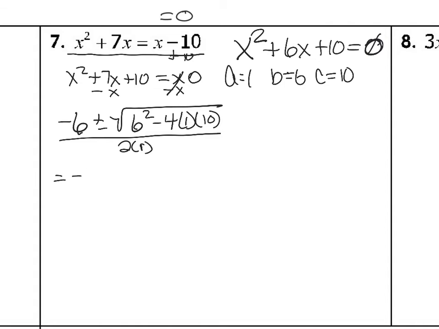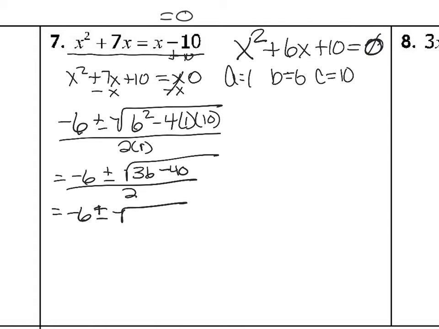So that's going to be negative 6 plus or minus square root of 36 minus 40 over 2, which is plus or minus square root of 36 minus 40 is negative 4 over 2. Our discriminant, or B squared minus 4AC, is a negative number, right?